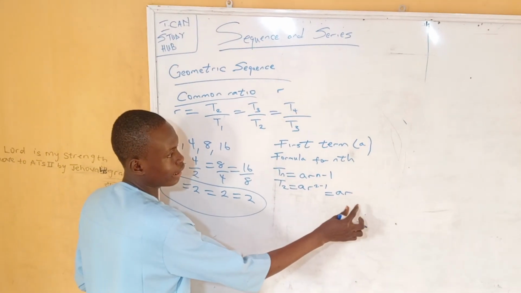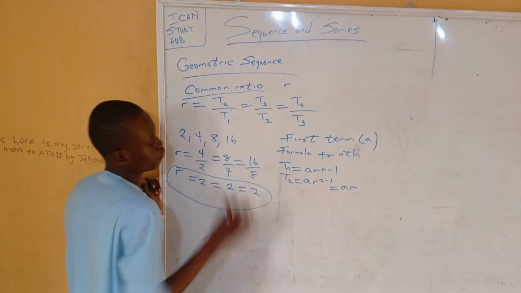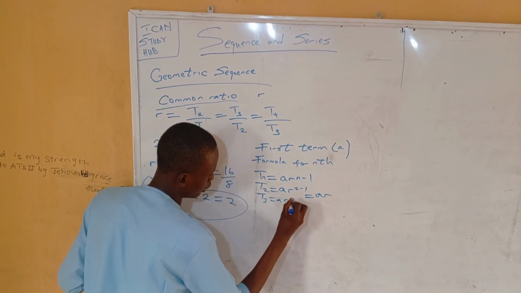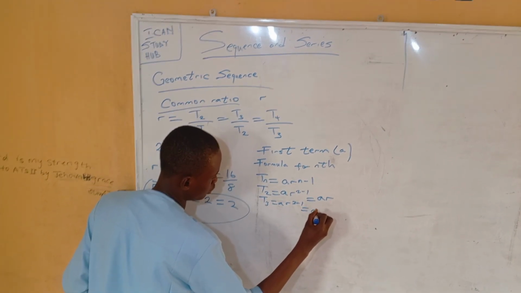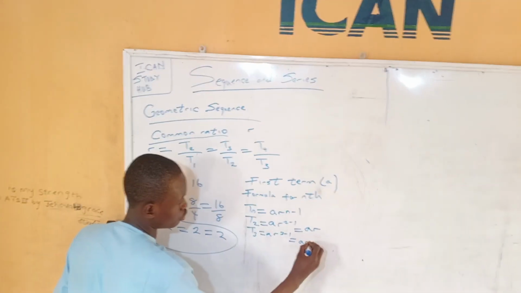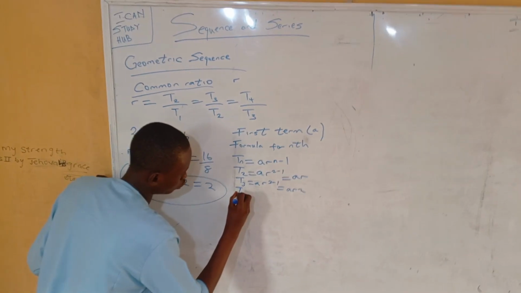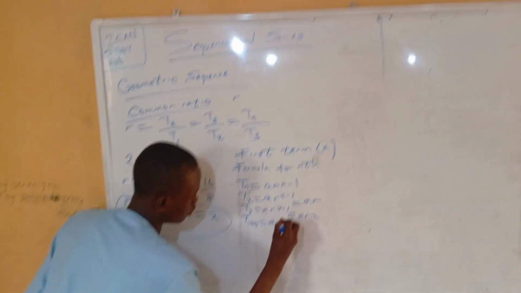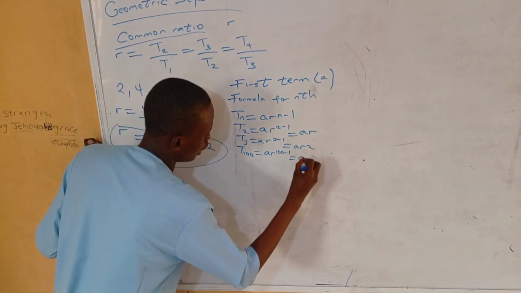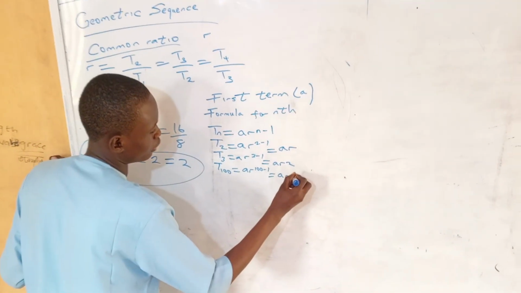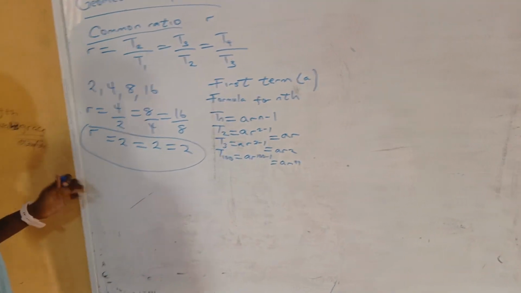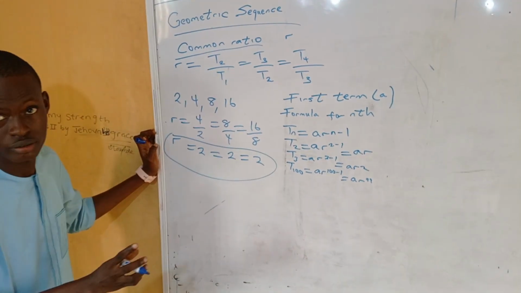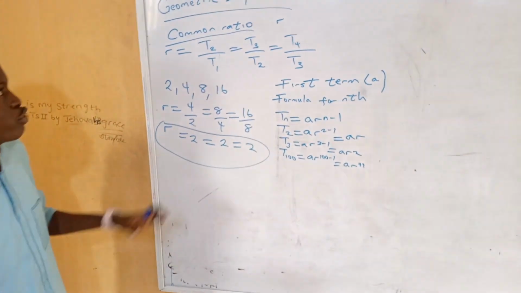Our A is the first term, while the R is our common ratio. For the third term, it's A R raised to 3 minus 1, which is AR squared. And for our 100th term, T100 is equal to A R raised to power 100 minus 1, which is A R raised to power 99. That's the formula for the nth term under geometric sequence.